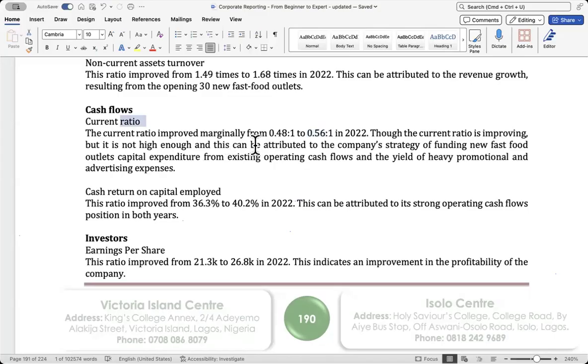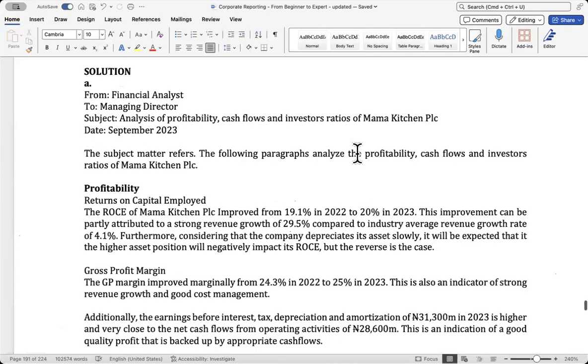And I said, this can be attributed to the company's strategy of funding new fast food outlet capital expenditure from existing operating cash flows and the yield of every promotional and advertising expenses. What does that mean? First, let me attend to this one.